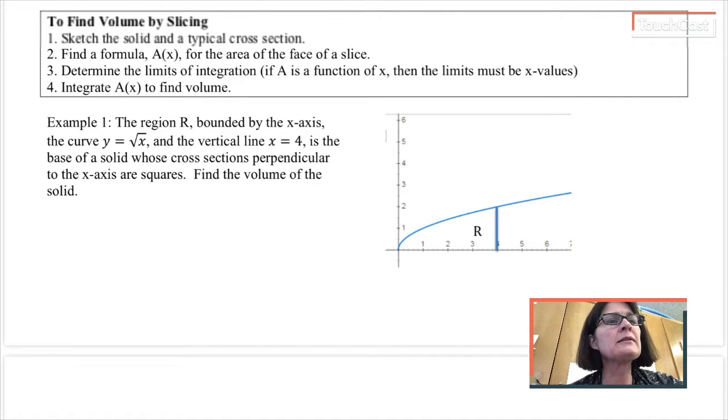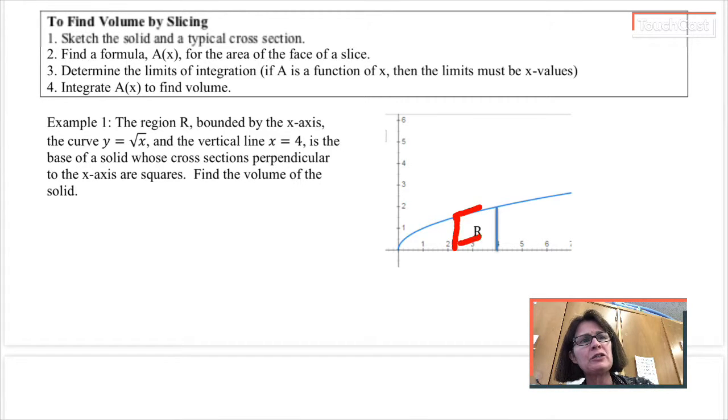So a typical slice is a square. However much of the slice actually would touch region R, which is like the paper cutting board underneath your slice, right? And then it's going to pop up out of the page to be a square. So you have to imagine that square coming up out of the textbook.